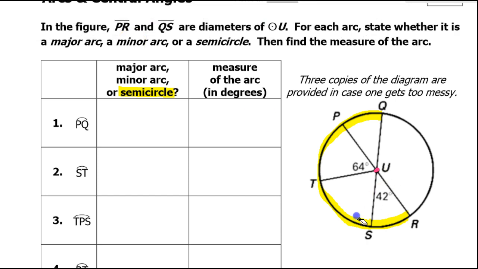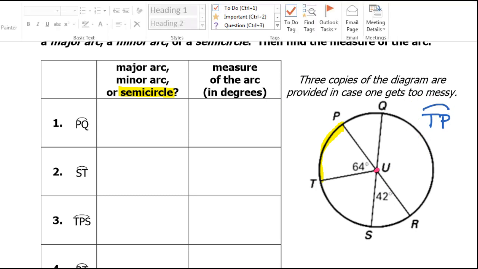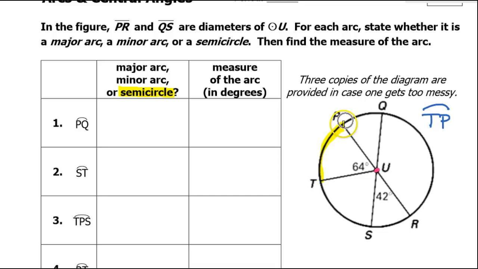All right, if you're going to do a minor arc, you're allowed to use two letters. So for example, if I wanted to describe this arc, I could say, hey everybody, look at arc TP. If I want to describe a semicircle or a major arc, then I have to use three letters.